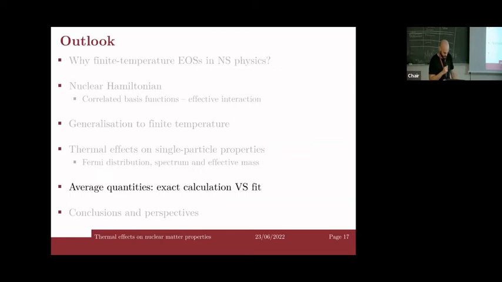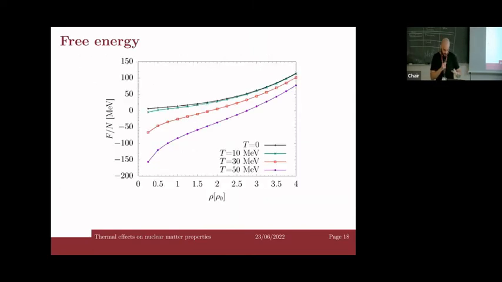Now that we have talked about these micro quantities, let's talk about some macro quantities. Let's first start from the free energy. The free energy is one of the most meaningful quantities that we can work with when we are trying to explore finite temperature quantities in our dense system. As you can see, the curves for the free energy tend to converge at high densities.